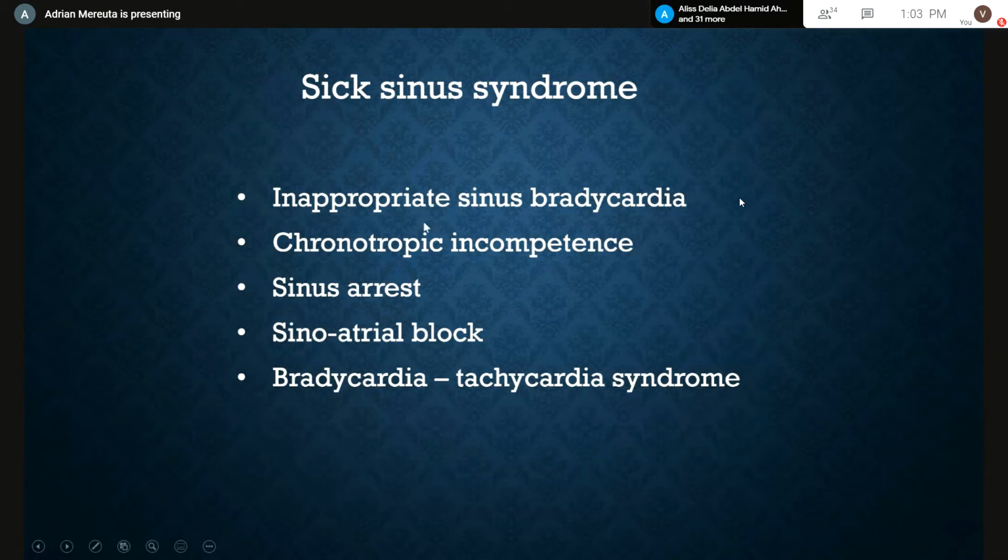One is inappropriate sinus bradycardia, like I told you before, a bradycardia which is not adapted to the level of activity, and for this reason cannot properly increase the cardiac output, and the patient has dizziness and can actually faint.